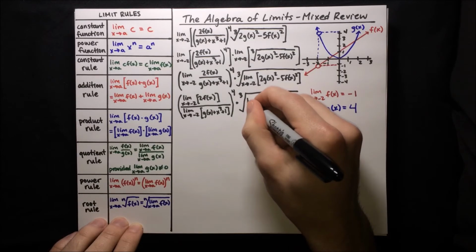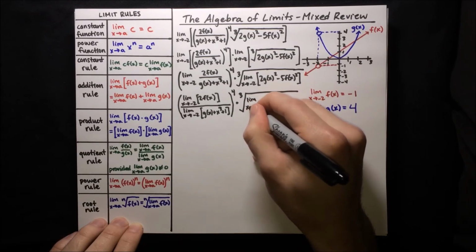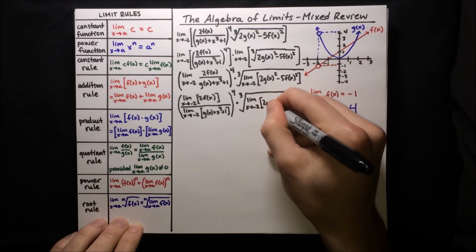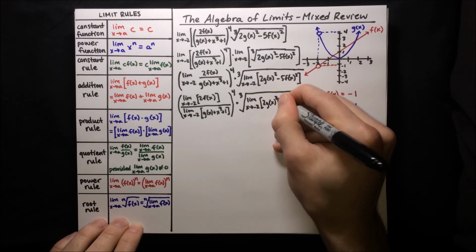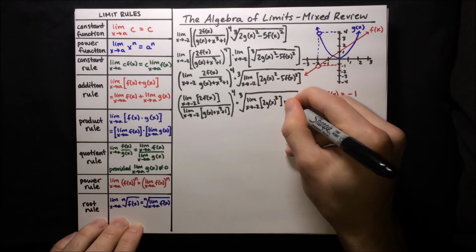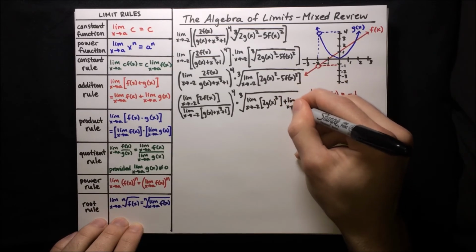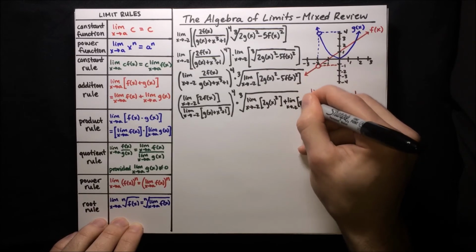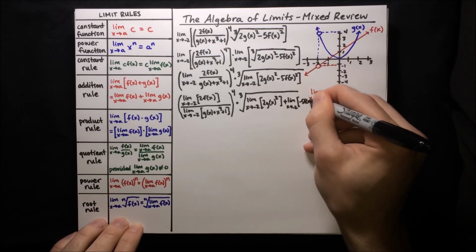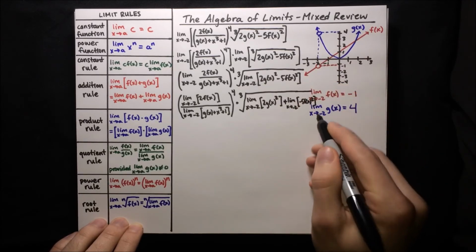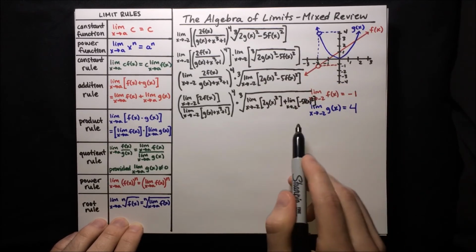So we've got the limit as x approaches -2 of 2g of x squared, then plus the limit as x approaches -2 of -5f of x squared. Sorry, that's running into our limits here, but you can still tell which limit is which.